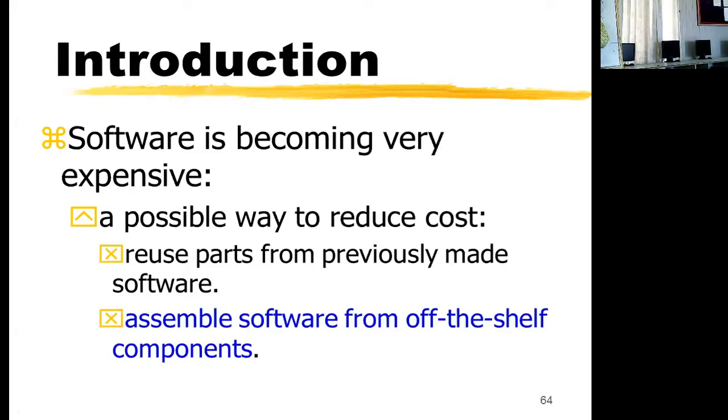So the best possible way to cut this expense is to start reusing some parts or some modules of previously made software in the upcoming software. That is the important thing.